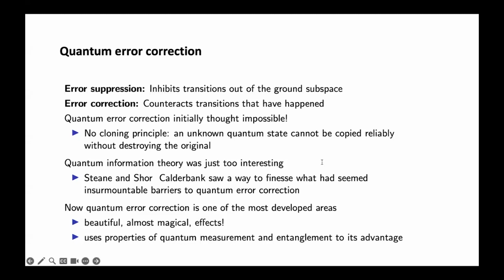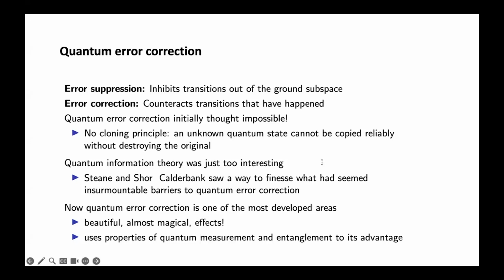What made the community worry is when the field of error correction started making tremendous progress. As I mentioned here, quantum error correction was initially thought impossible, and the reason is the no-cloning principle: an unknown quantum state cannot be copied reliably without destroying the original.